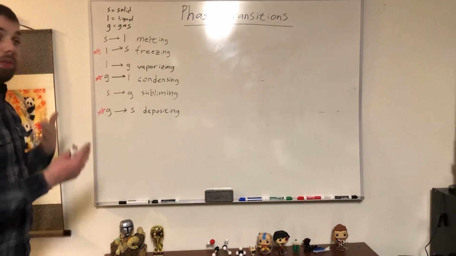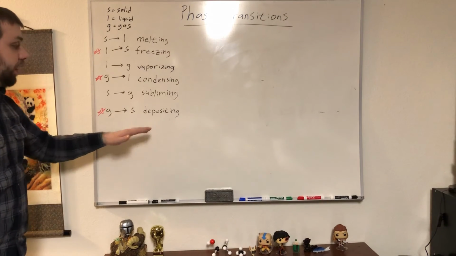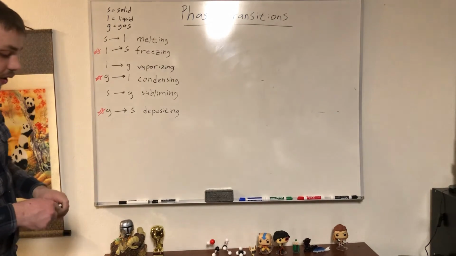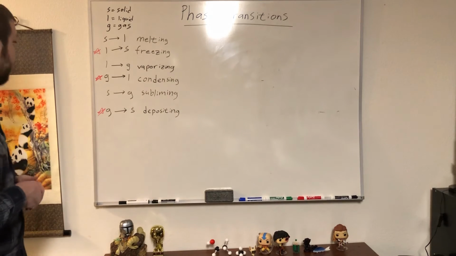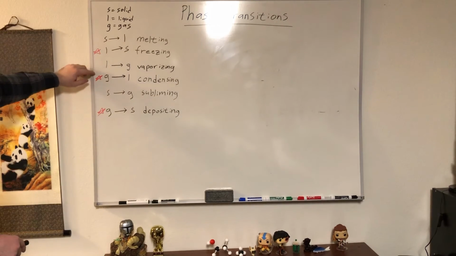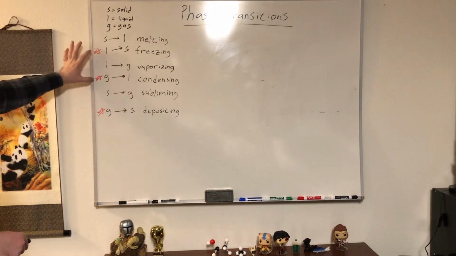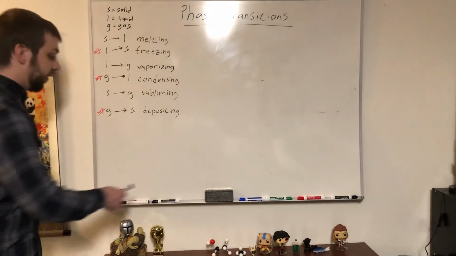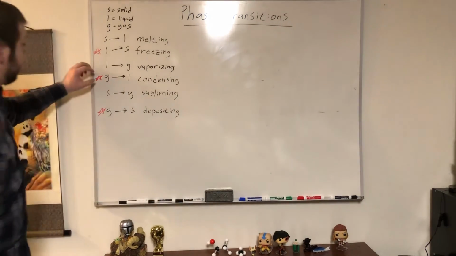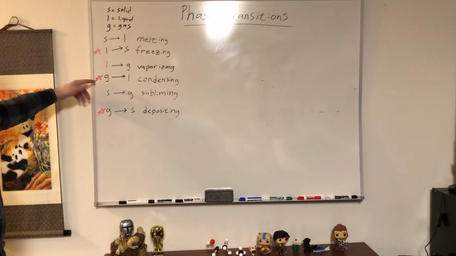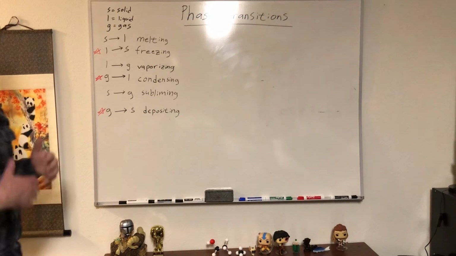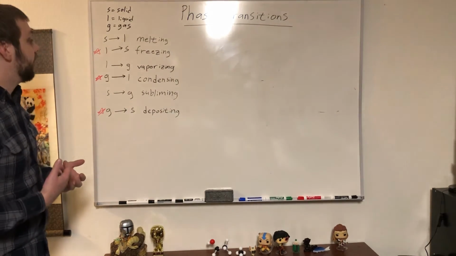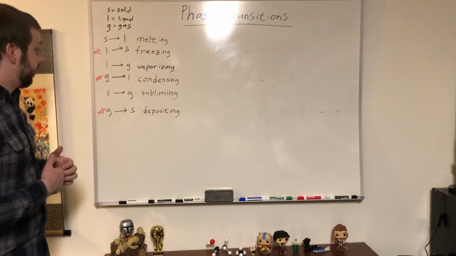And the opposite of that is called deposition, or it's depositing. So you can see these red little stars here. Now what do those mean? In the processes marked with the red stars, those are the processes in which energy is being released.